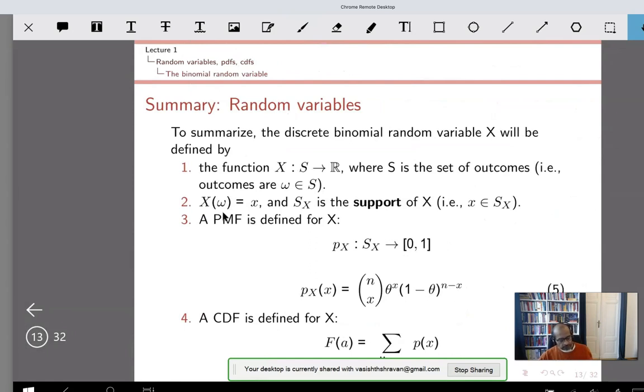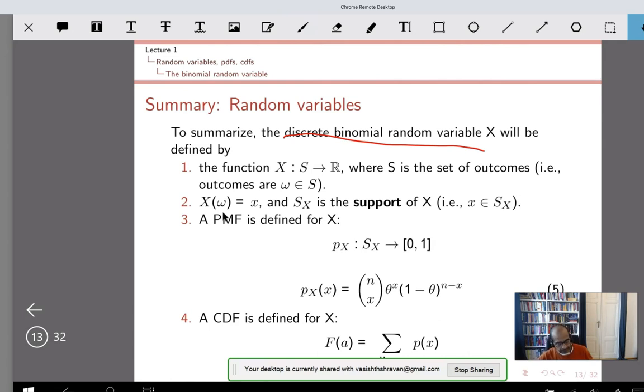Okay. So to summarize, when we have a discrete random variable like the binomial, the definition of this random variable is important to keep in mind, because when you encounter real data that is coming from a binomial random variable, underlyingly it will have all this machinery behind it that we'll be using for the statistical analyses. So it's important to keep in mind the underlying components of a random variable such as the binomial.